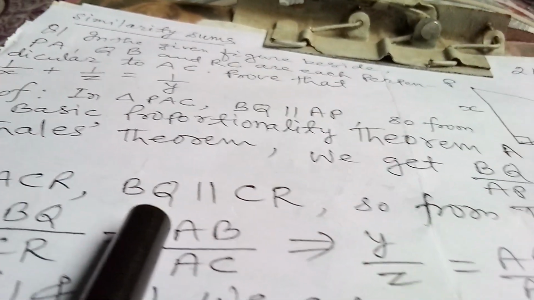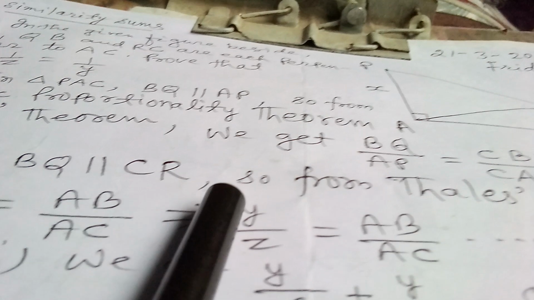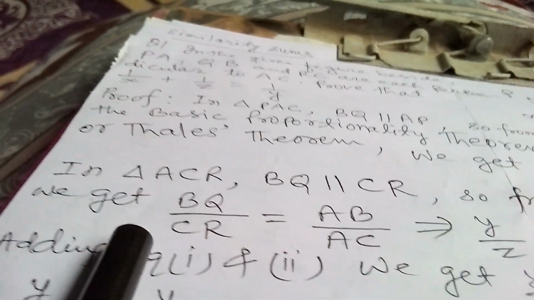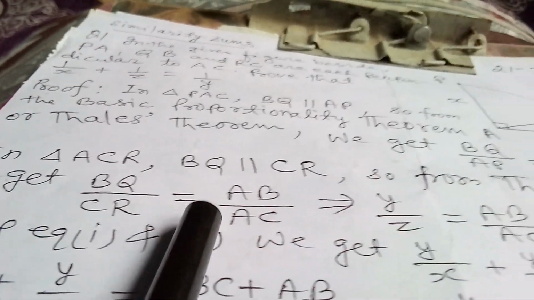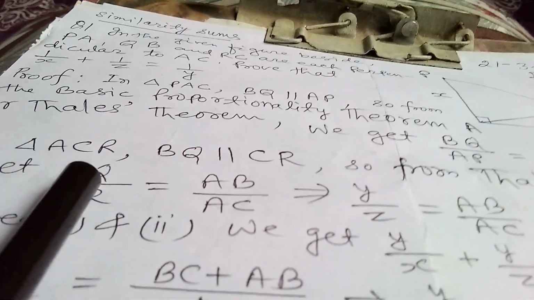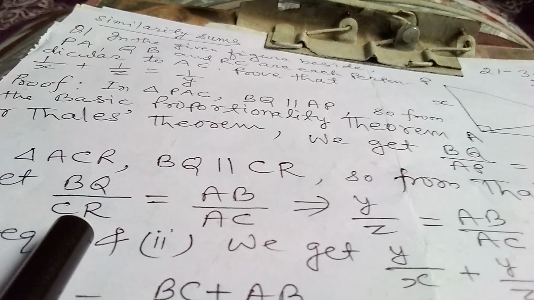Similarly, in triangle ACR you find BQ parallel CR. So from Thales theorem we get BQ by CR equals AB by AC, and this implies Y by Z equals AB by AC, because BQ is Y, CR is Z. This is the second equation.